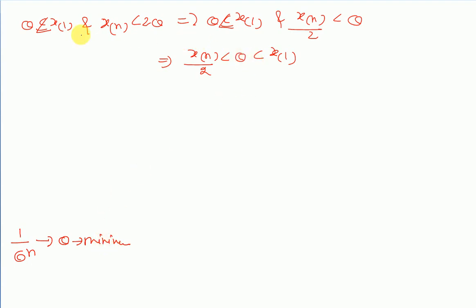So among xn by 2 and x1, which is minimum? We can easily see xn by 2 is minimum, and since xn by 2 is minimum, it will make 1 upon theta raised to power n maximum. Hence the MLE will be xn by 2. The value of MLE is not the minimum of xi, it is the maximum of xi by 2. So hence the question needs to be solved.